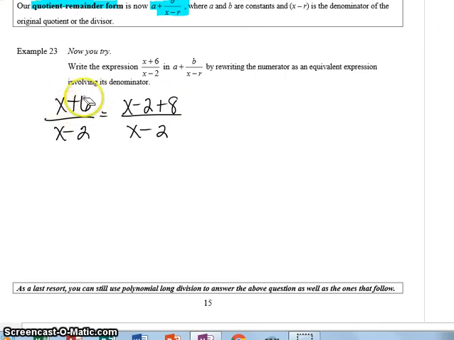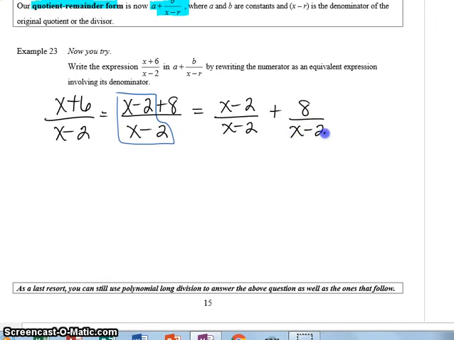So the only thing I did was rewrite x plus 6 as x minus 2 plus 8. That really is x plus 6. But look, here's the bottom. And this is what I was hoping for. Now that I have that rewrite, it's really x minus 2 over x minus 2. That was this part in the blue box. And then I have an 8 over an x minus 2.